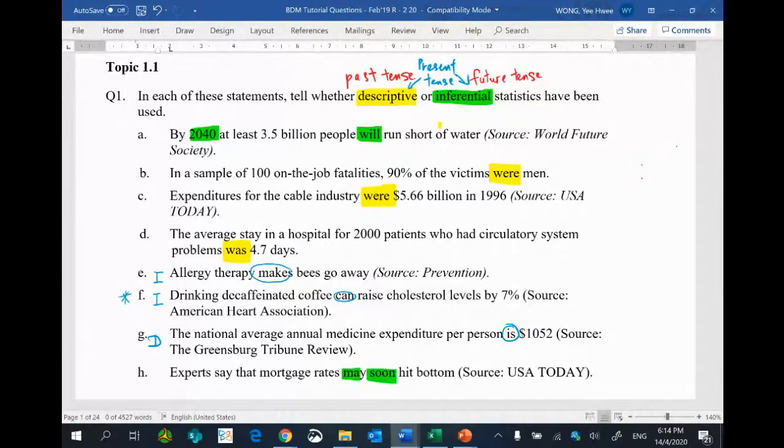So after going through this, you roughly know whether they are referring to the sample or to the population. Descriptive refers to the sample. Inferential is to estimate the population. Remember? So you can know from that statement whether someone is trying to describe a sample or trying to make an estimation, a conclusion about the whole population.